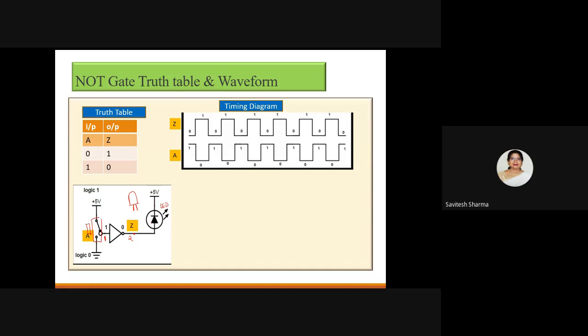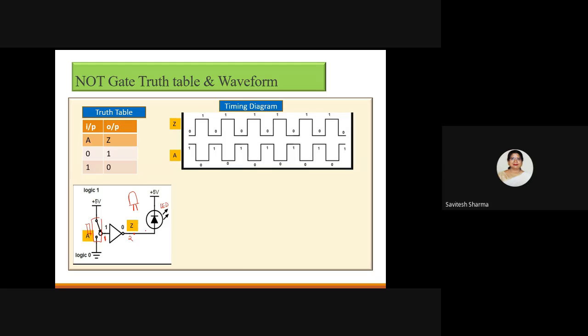So this is the symbol of the LED, and here I am showing that if you are applying 1, your LED will not glow, because whenever we apply a 1 here, your output is 0.